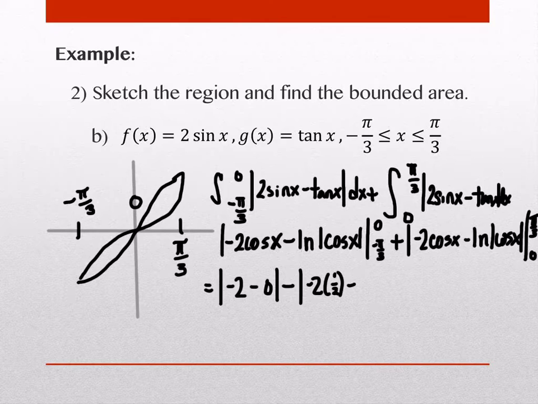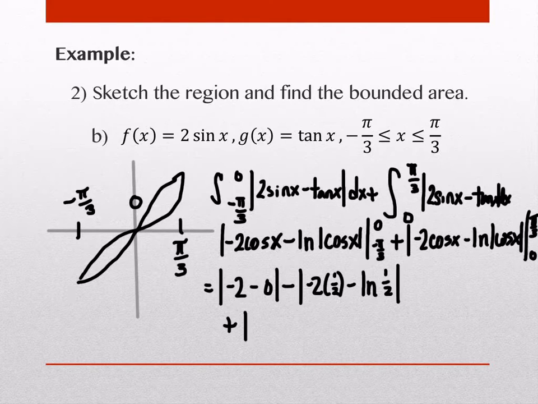And then we have minus the natural log of another 1/2 over here. Oh, I was supposed to plug in negative pi over 3. For negative pi over 3 for cosine, I'd be in quadrant 4. Cosine's positive in quadrant 4. So it's the same.